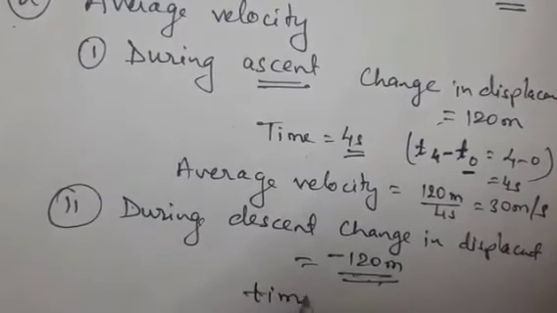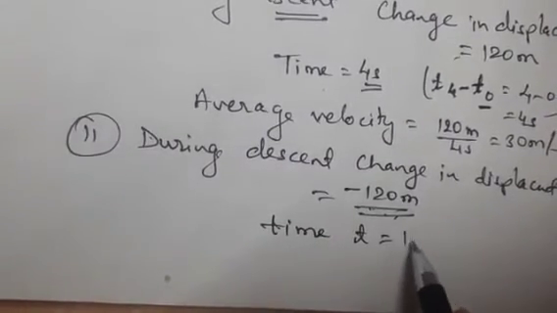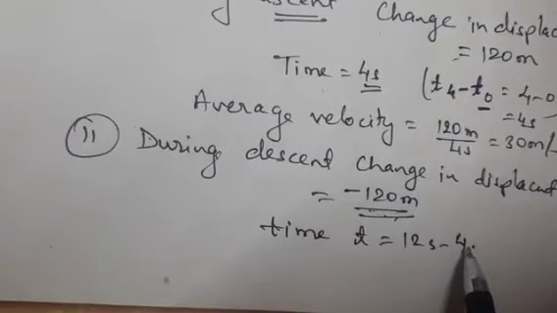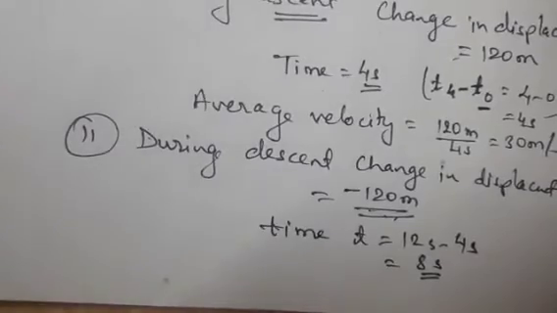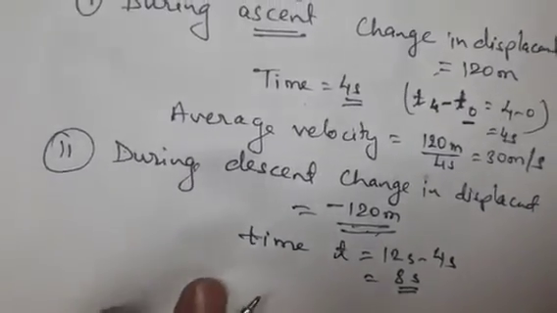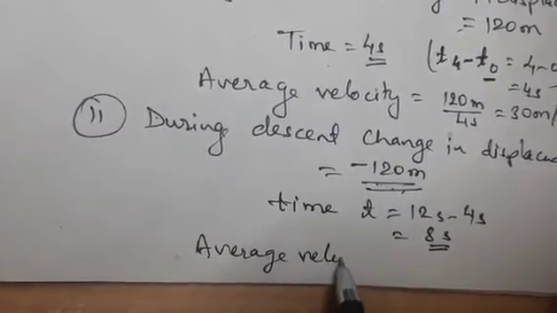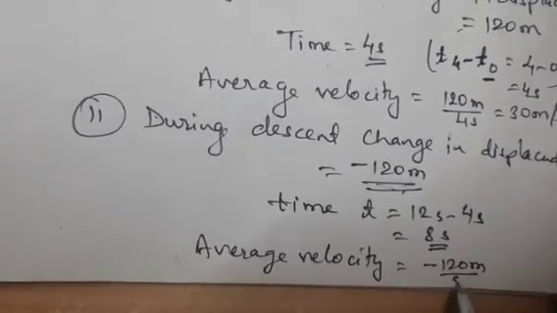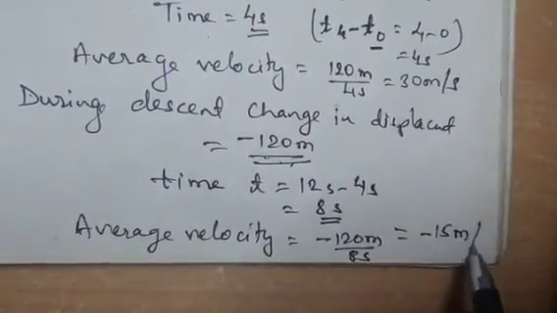Time, as we know, is not taken negative over here. Time is 12 seconds minus 4 seconds. We get 8 seconds. So here average velocity will be negative 120 meter by 8 seconds, which equals negative 15 meter per second.